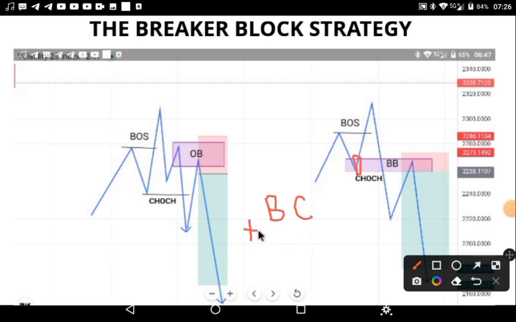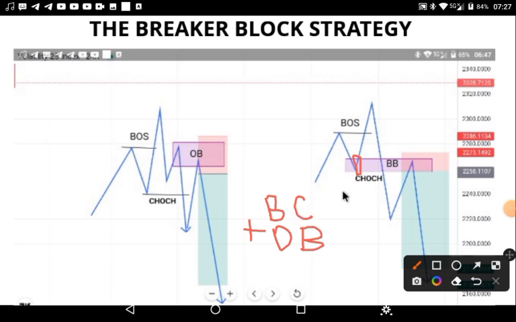This is like the elimination method in mathematics and chemical reactions. So we have the breaker block, which is this one, and then we have the order block, which is this one.